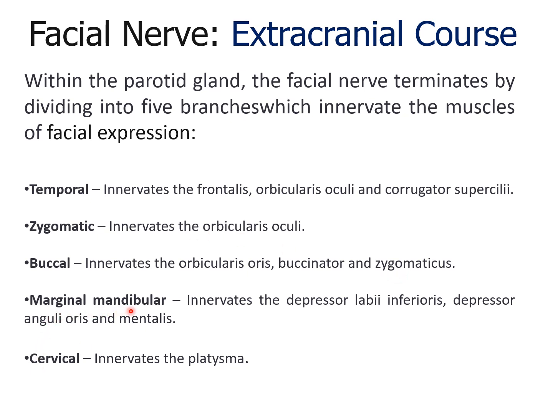The marginal mandibular branch innervates the muscles related to the lower lip, including the depressor labii inferioris, depressor anguli oris, and the mentalis muscle. And finally, the cervical branch innervates the platysma muscle in the neck.